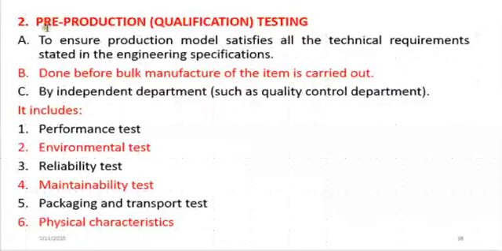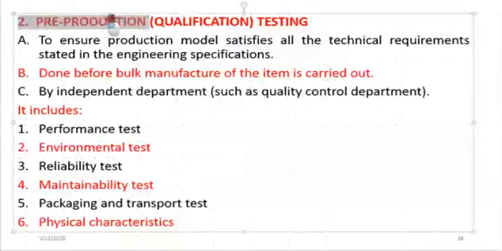That is prototype testing. The second one is called pre-production testing or qualification testing. We do this testing in order to ensure the production of all the models satisfies all the technical requirements stated in the engineering specifications of the design.